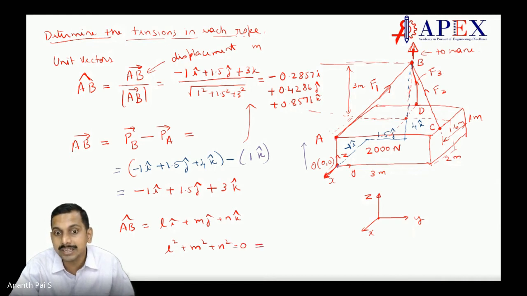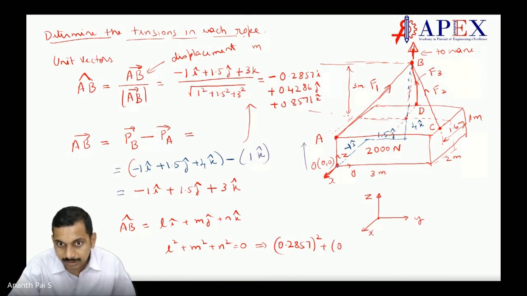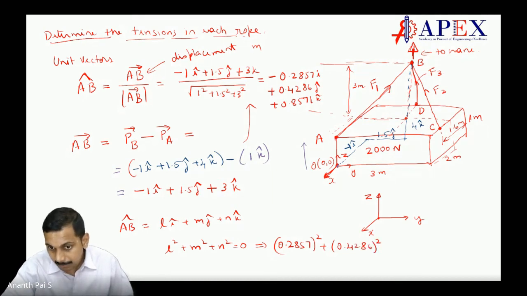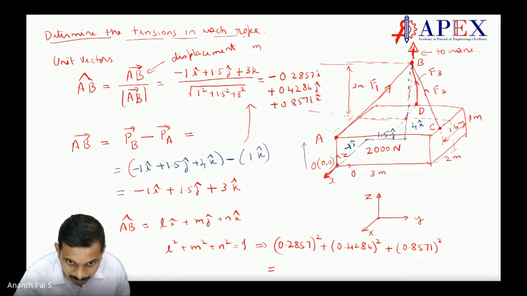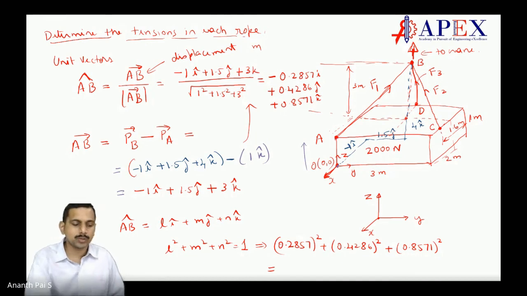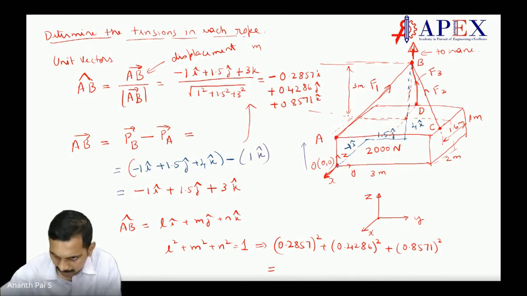Let us check here: 0.2857 square plus 0.4286 square plus 0.8571 square. What is that? Do you get 1? Just check it out.